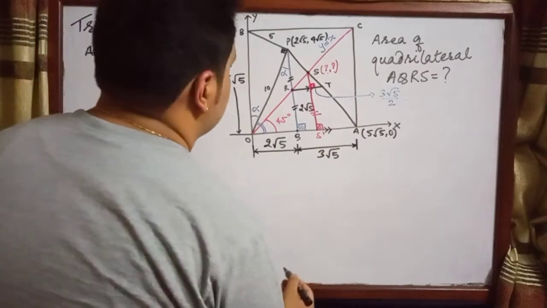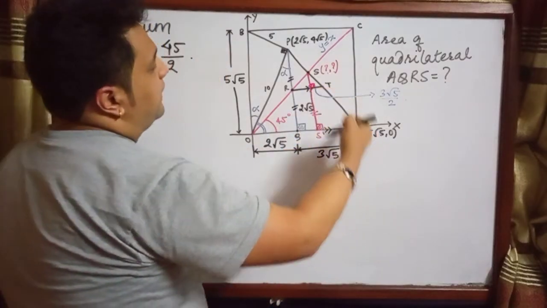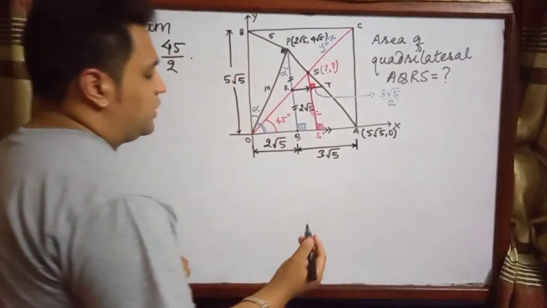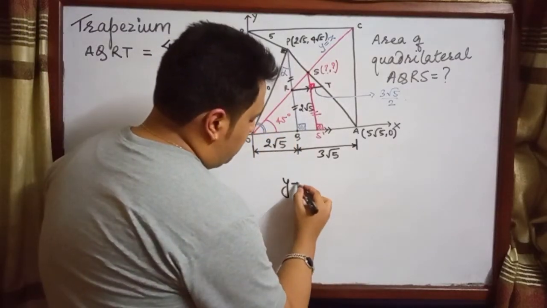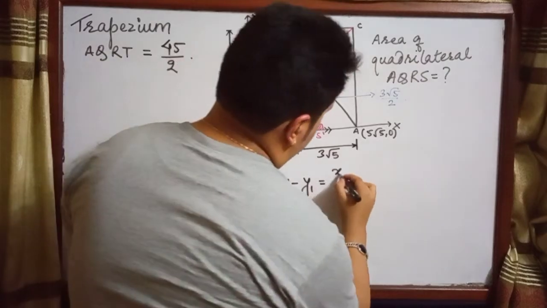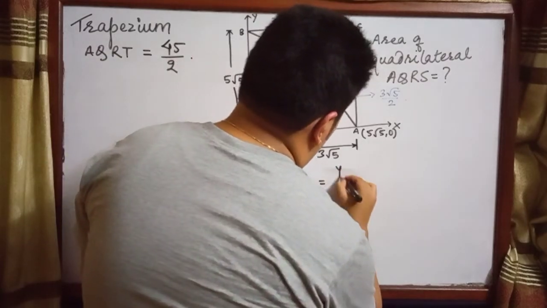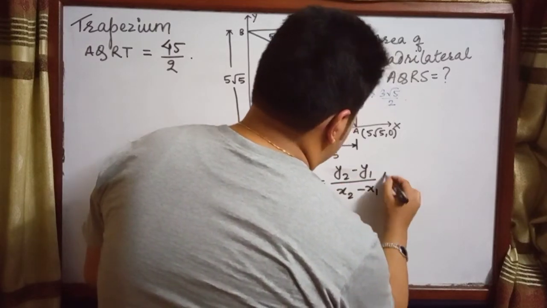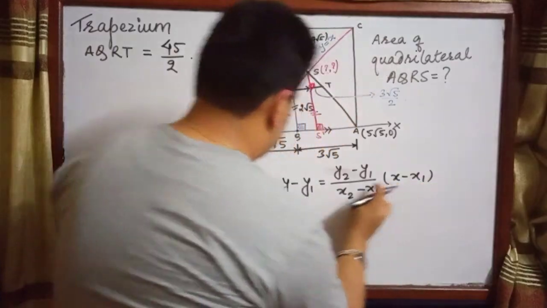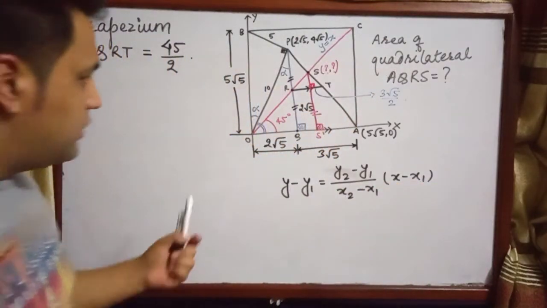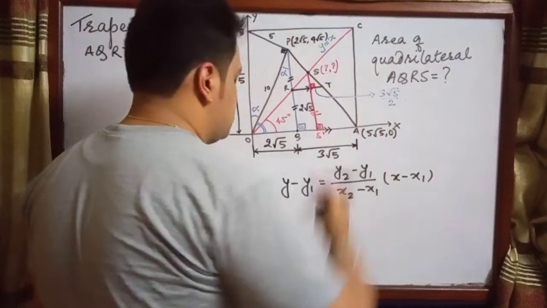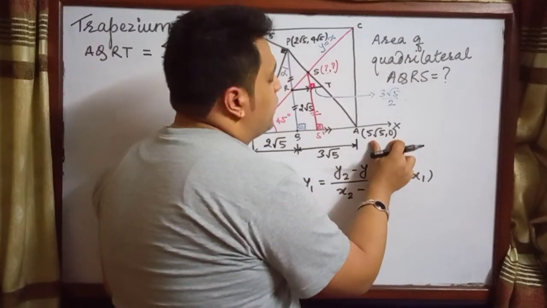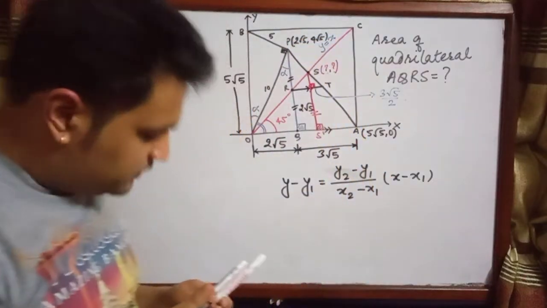Now to find the equation of AP, we can use the 2-point form of the equation, which is nothing but y minus y1 is equal to y2 minus y1 by x2 minus x1 times x minus x1. X and y give the coordinates of any point on the line. Okay, if we consider this as x1 y1, then this is x2 y2.